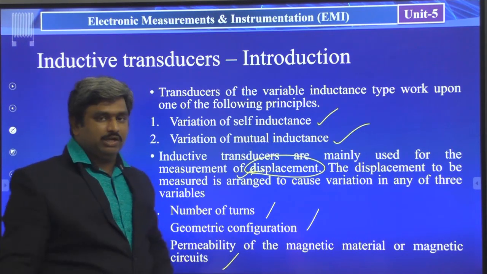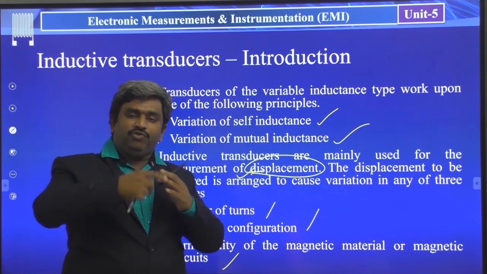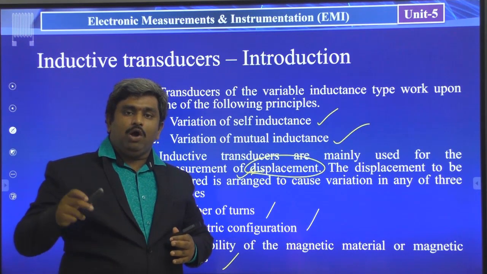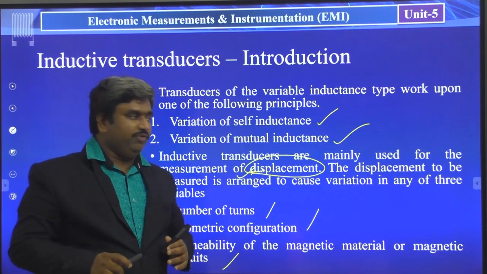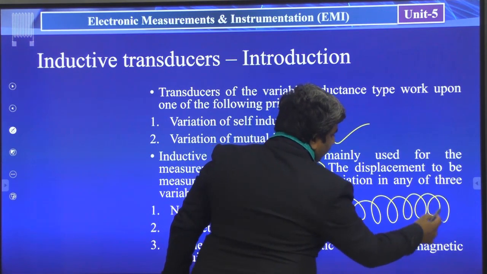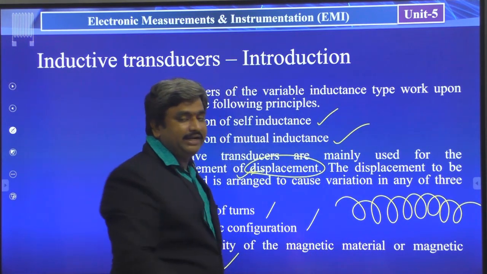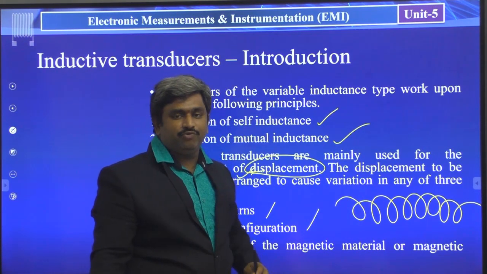That means when you place a lot of turns in the inductor, we identify how many turns the conductor is covering. For example, here we have an inductive type transducer, in which I have placed a number of turns.